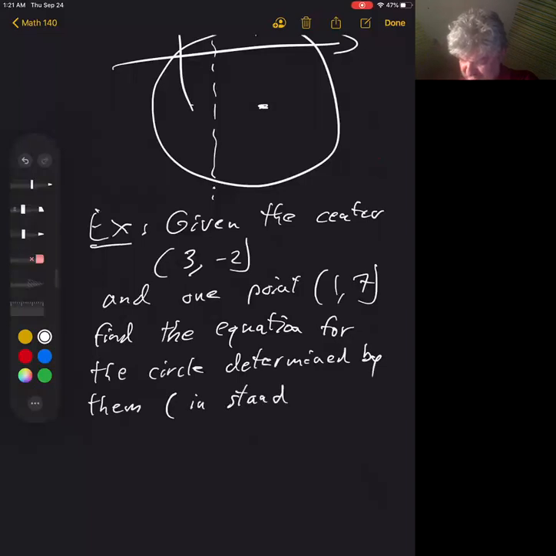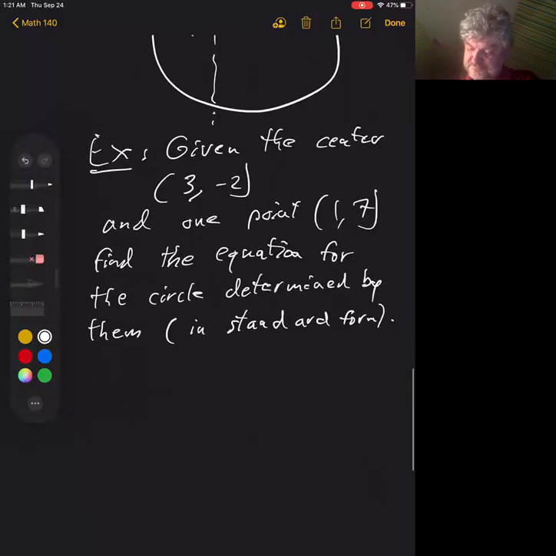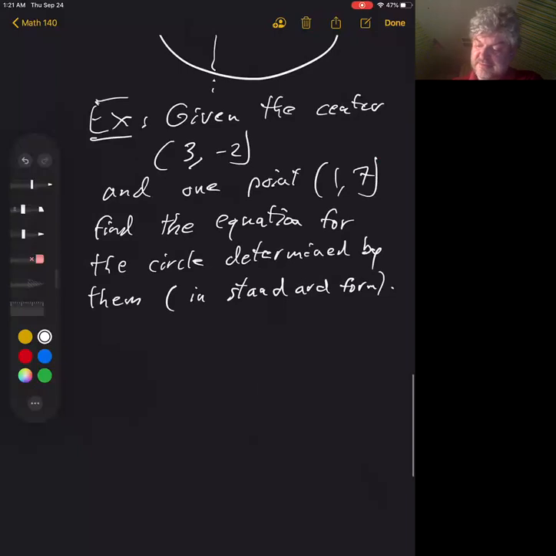And we want it in standard form. Right, so we need 3 ingredients, 3 numbers. It's the a and the b for the center, and that's just given, the 3, −2. And the radius, what's the radius?